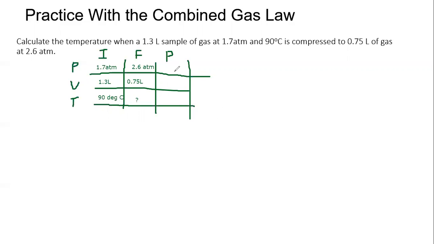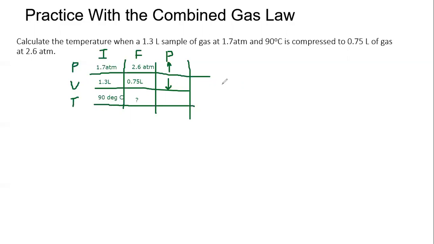So here we notice that pressure is increasing and temperature, we don't know, but volume is decreasing. So we don't know how pressure relates to temperature, because we didn't see a law that relates pressure and temperature.